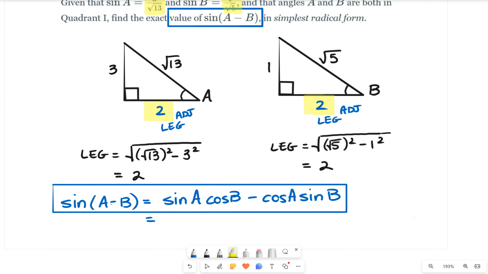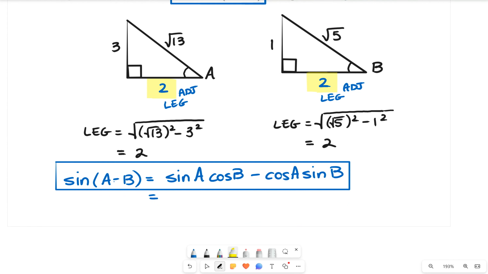So I'm going to put those in right off the bat. Sine of A was 3 over square root of 13, and sine of B was 1 over square root of 5.